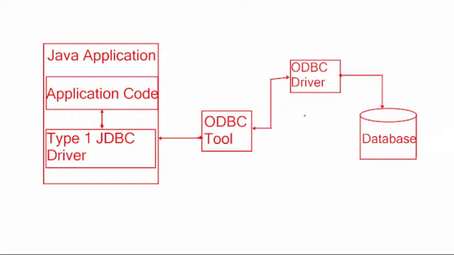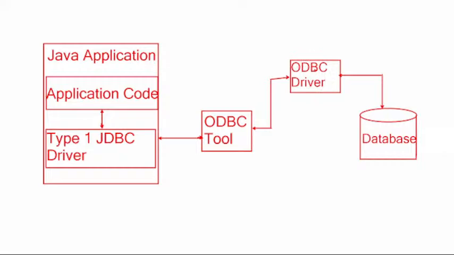Yesterday, you have seen the diagram. With the diagram, you can give the answer. ODBC drivers: is it one driver or many drivers? Many drivers. For every database, there is a separate ODBC driver. So in the ODBC tool, we have to select. If you want to connect to Oracle, the ODBC driver for Oracle. If you want to connect to MySQL, the ODBC driver for MySQL.